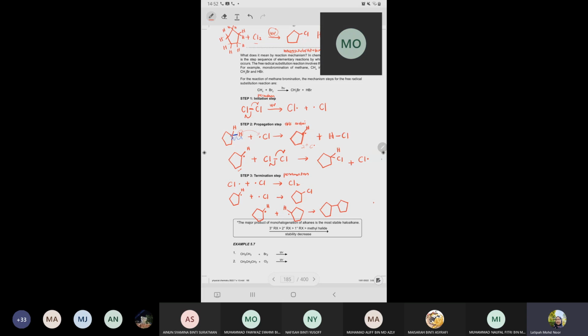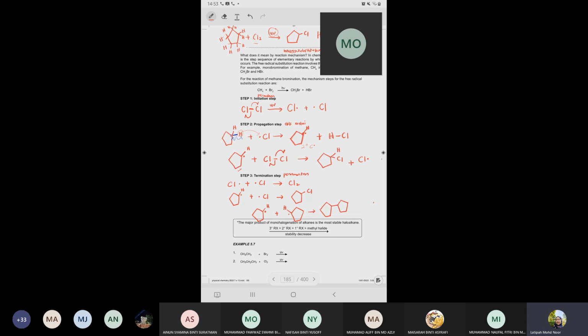Okay, I repeat again. For termination step, okay, we need to stop the reaction because we don't want any substitution to occur anymore. Kita tak nak H lain ditukar ganti oleh Cl. Okay, kalau kita tak buat termination step, macam saya cakap tadi, H dekat dalam cycloalkane, cyclopentane ni ada 10.